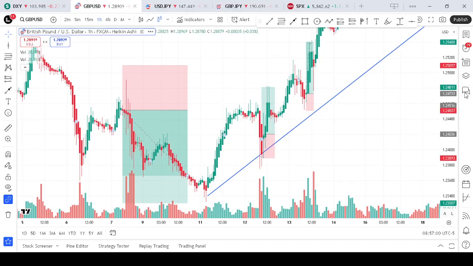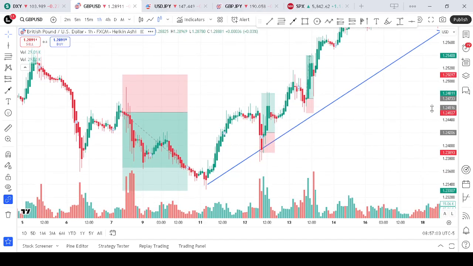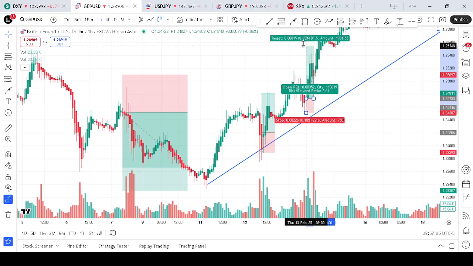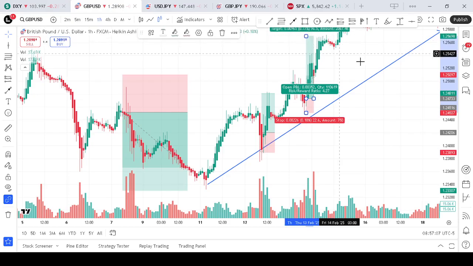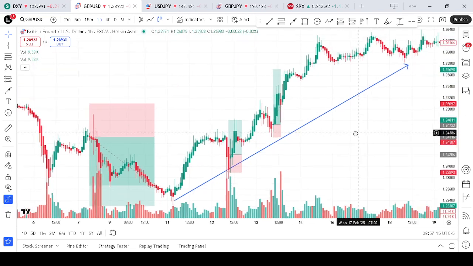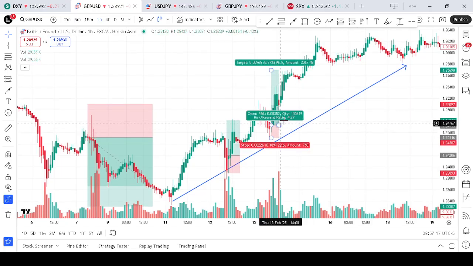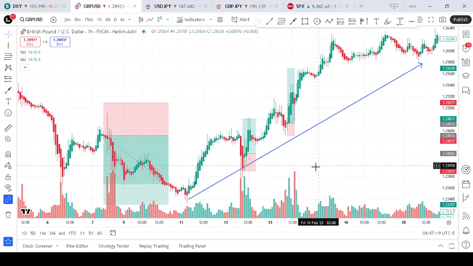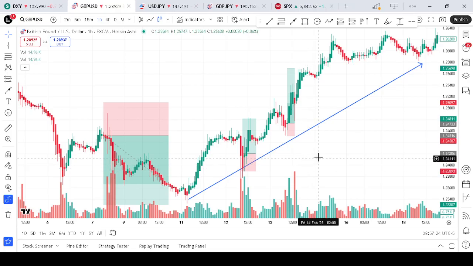You can actually take your profits by targeting 1:3 or 1:2 as the case may be, because this means that for every dollar you risk, you aim to make at least $2 in profit. That's what 1:2 means. This approach helps you ensure that even if some trades do not work out well, your overall trading results remain positive.